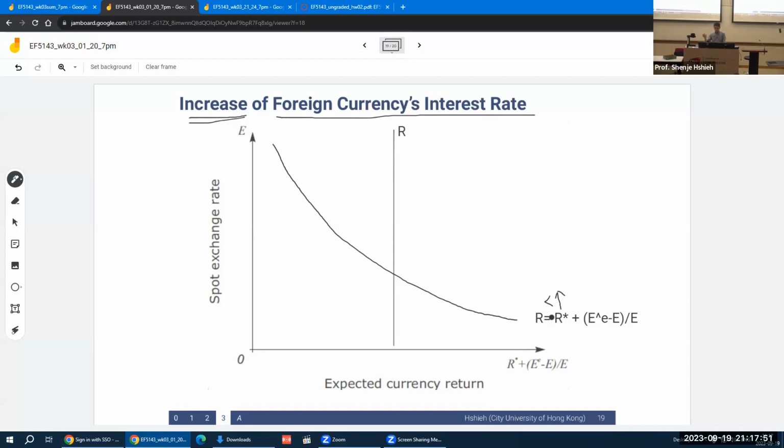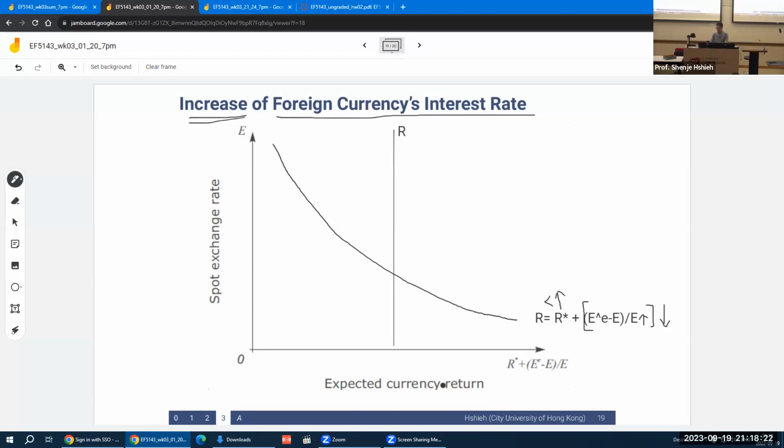In order to restore parity, assuming expectations are fixed or anchored, we must have a change in E to offset that increase in R star. So here we must have an increase in E, right? Because increasing E will increase the denominator and therefore decrease this entire expression and therefore offset this R star.